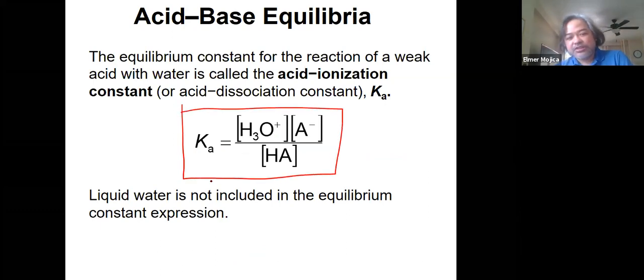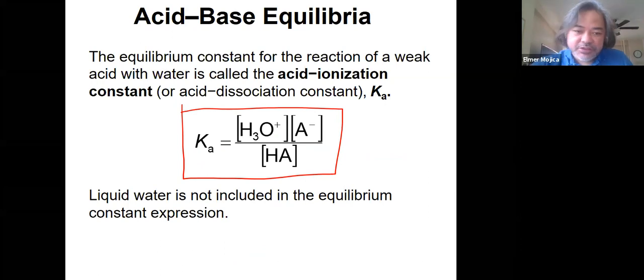This is what we call the acid ionization or acid dissociation constant. We don't include liquid water in the equilibrium constant expression, because water is a constant when it is a liquid. We only include those that are aqueous in nature.